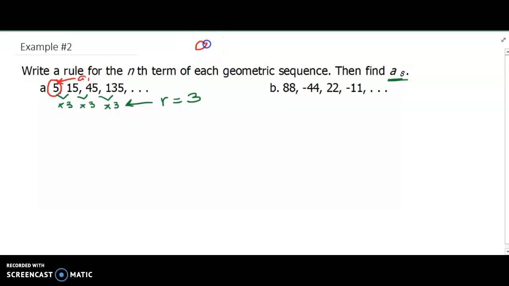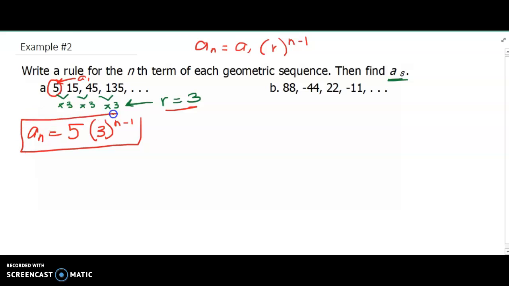Okay, now remember our rule, a sub n equals a sub 1 times r to the n minus 1 power. Okay, so if I plug that in here, I have a sub n equals, well, my a1 is 5, that's given to me. My common ratio is 3, to the n minus 1 power. So here would be my rule.